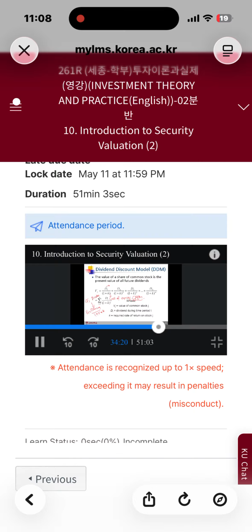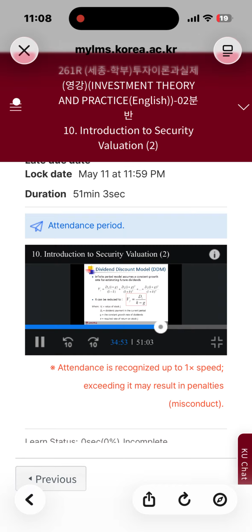So one critical disadvantage of the dividend discount model is that we cannot apply this model to a firm that does not pay dividends. Okay. Anyway, we know that the value of a stock is the future dividends discounted by the cost of equity.